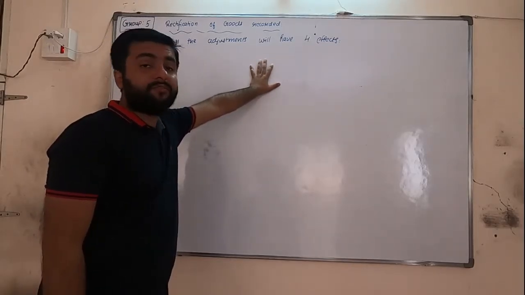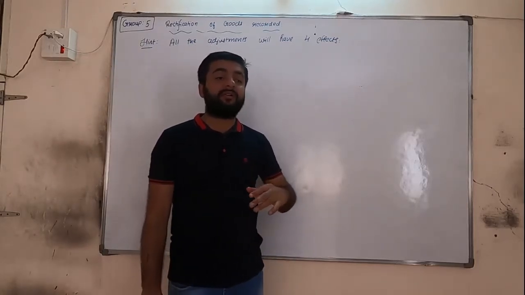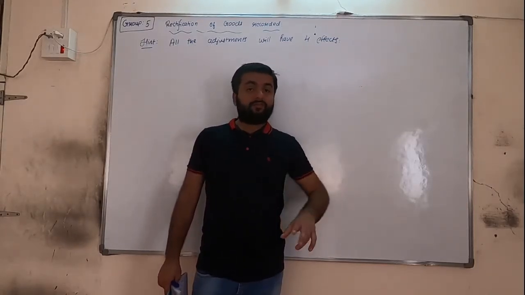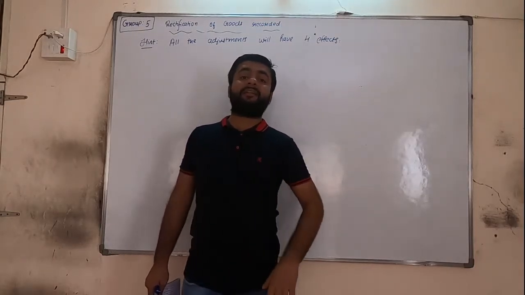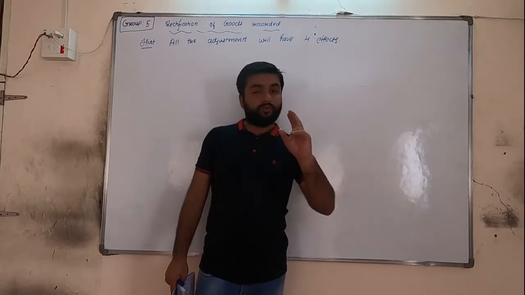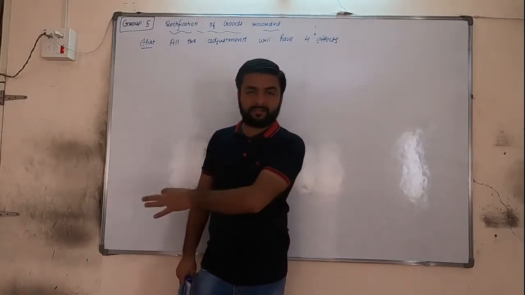Now friends, why 4 effects? The reason is simple. By mistake we have recorded the goods at another place. So for that rectification 2 effects, and for writing the correct entry again 2 more effects. So 2 plus 2, 4 effects. There are 4 types of transactions we are seeing.